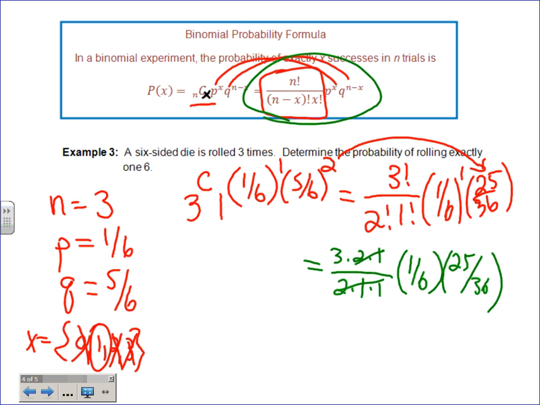So I would look at it this way. I can take that 3 times the 6th, makes it 3/6, right? Which is known as 1/2. So it's really 1/2 times 25 over 36, which is 25 over 72.